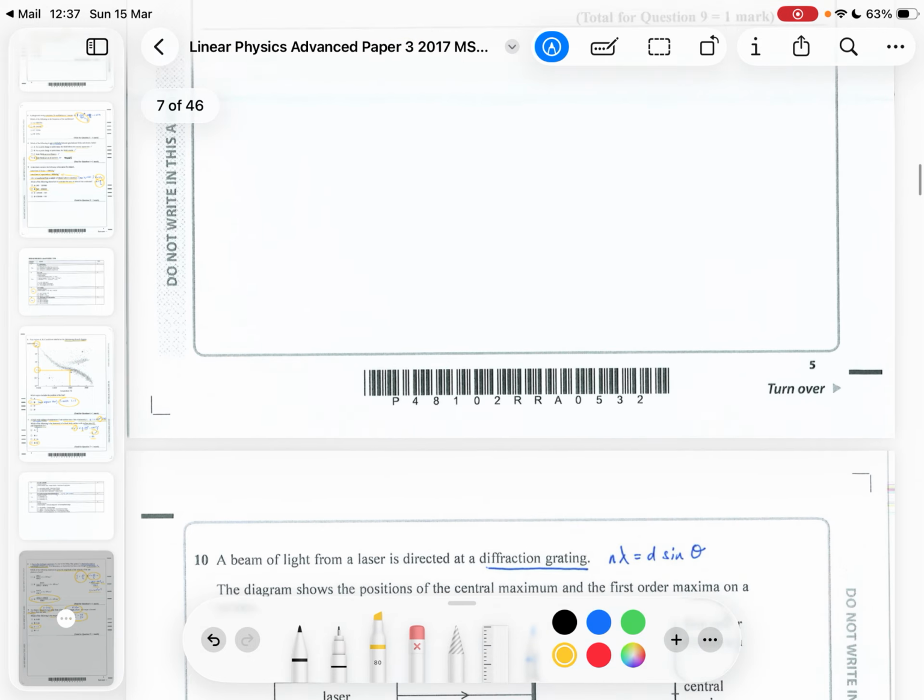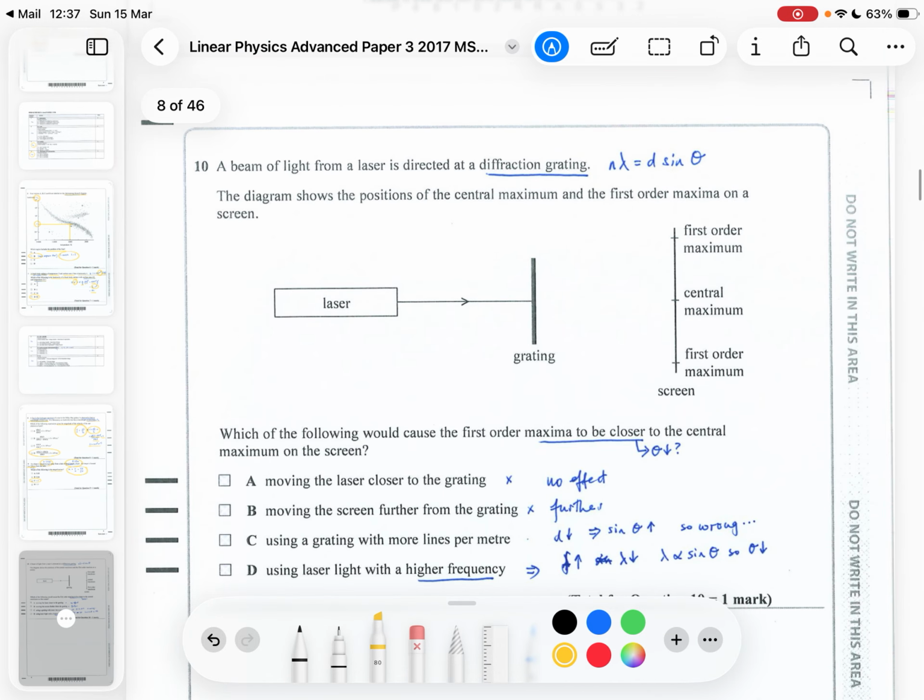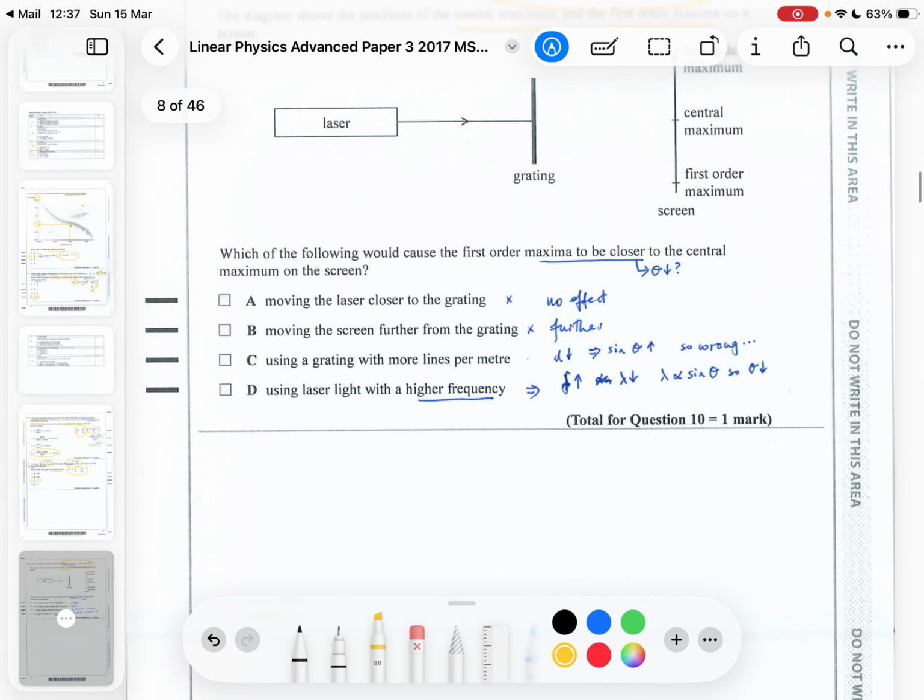C. Question 10, you have a diffraction grating. There's the equation for diffraction grating. They've shown you the central maximum and the first order maxima on each side, and they want you to work out which of the following would cause the first order maxima to be closer to the central one.